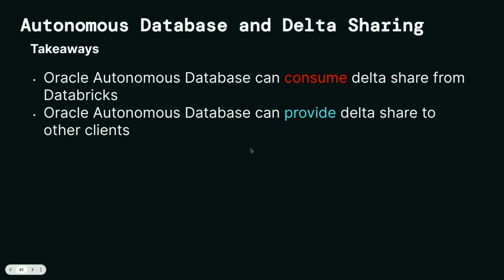So Oracle can easily consume data from Databricks and other data sharing providers. If you want Oracle Autonomous Database to act as a data provider, we can also do this. We baked and embedded this open source protocol right into the core database, and the core database can act as a data sharing provider.